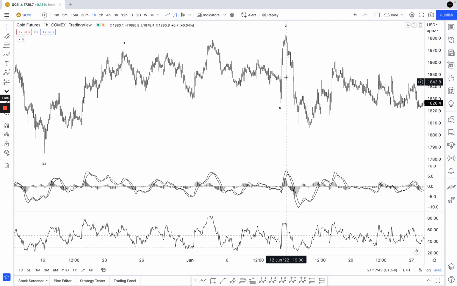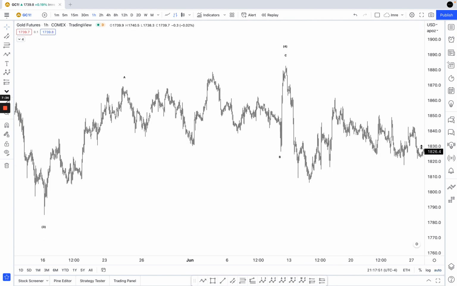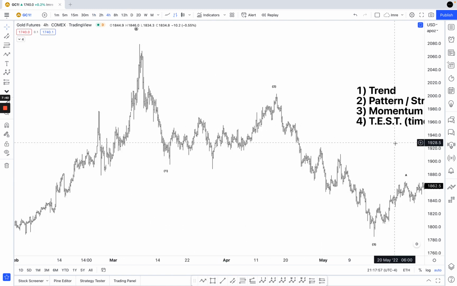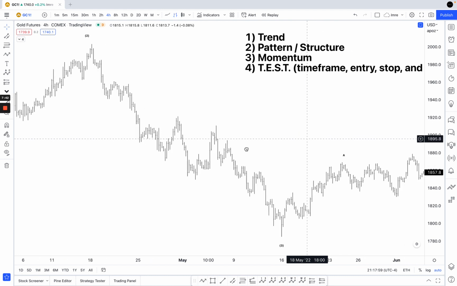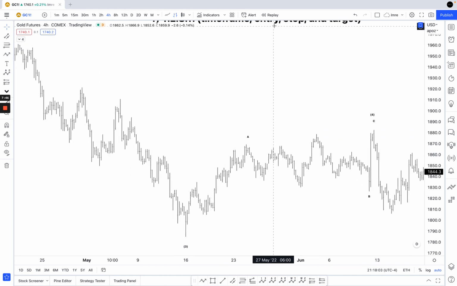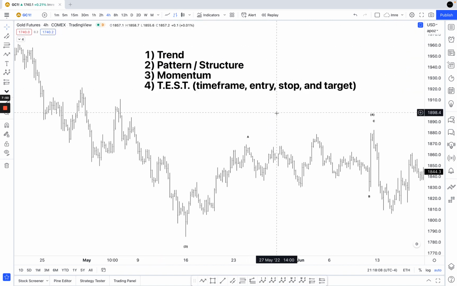The MACD started to turn down and went negative once more as the C wave completed. So I can answer question number 3 on my checklist, which is, what was momentum? The momentum is bearish, which supports my overall assessment of the market structure and of the larger underlying trend. Okay, cool.